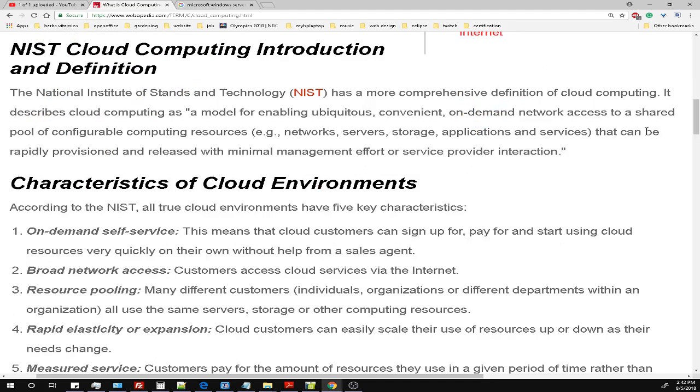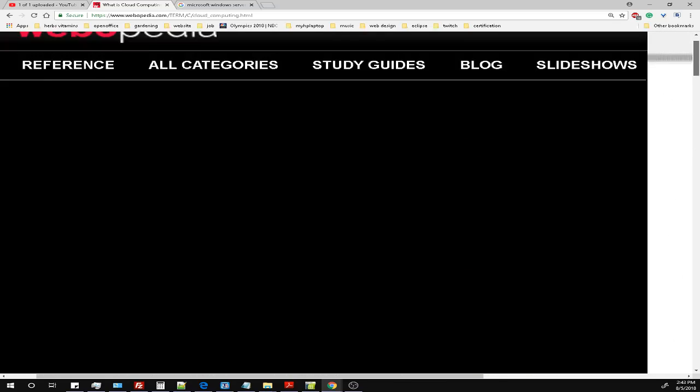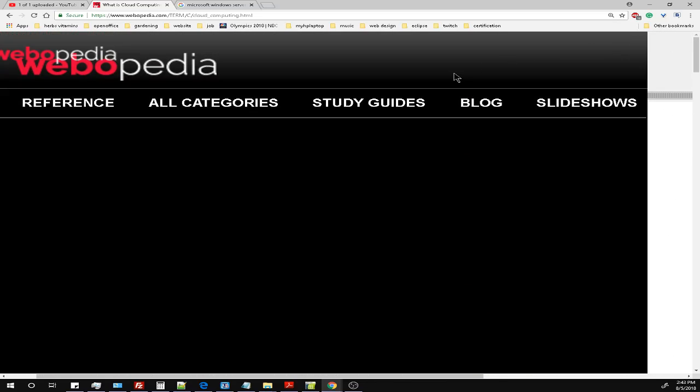Okay, so anyways, this information from Webopedia is a great resource to look up all kinds of technical information. This one happens to be terms in the cloud computing area. Let me go up here. There we go.